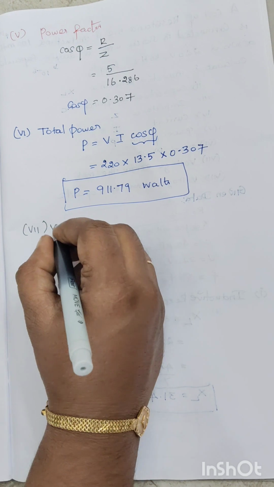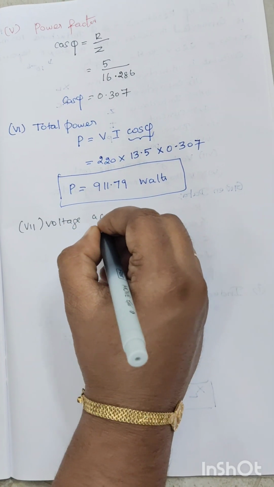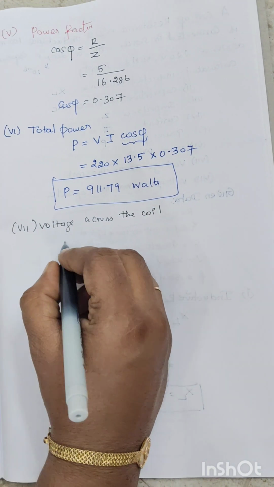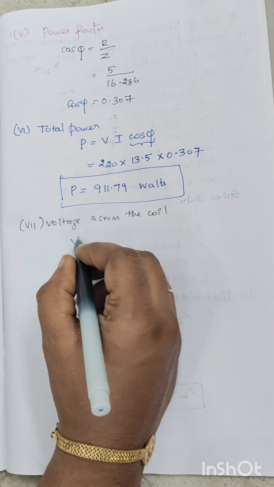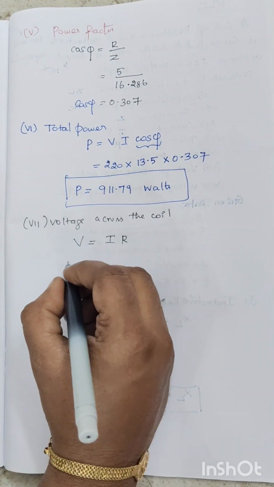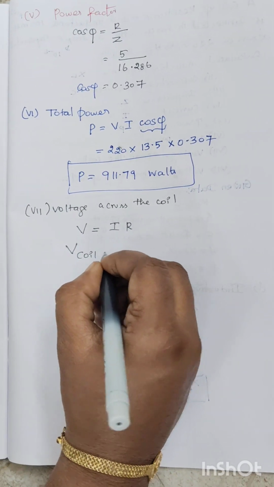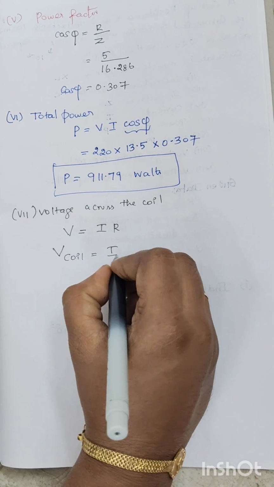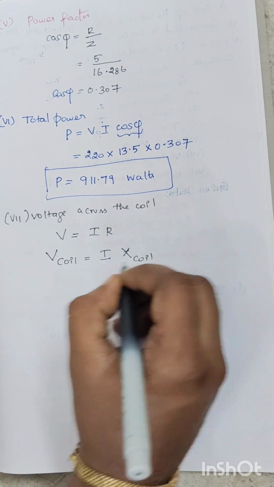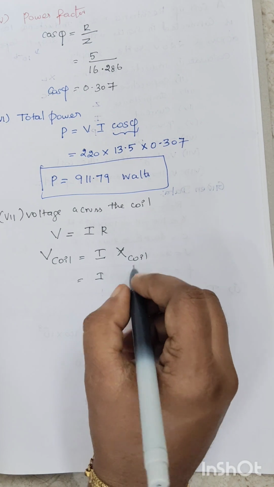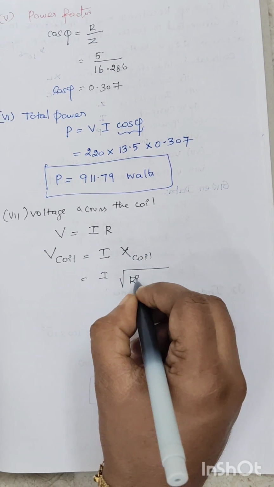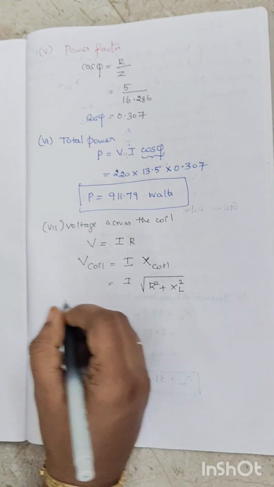Next, the question asks for the voltage across the coil. The general formula is V is equal to IR. Related to this question, the voltage of the coil is equal to I into the impedance of the coil, Z coil, which is the root of R square plus XL square.